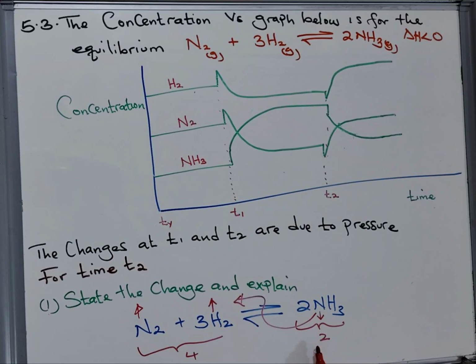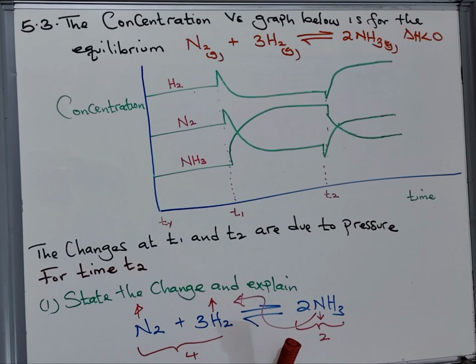Because we are seeing a change in pressure, you have to know that according to Le Chatelier, whatever is done is opposed. So, what happened here? Pressure was decreased. So, the system shifted to increase pressure to counteract the effect of decreasing pressure.